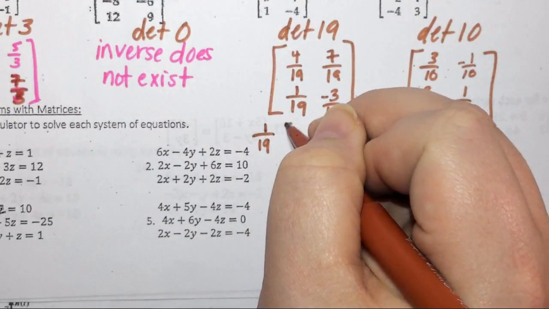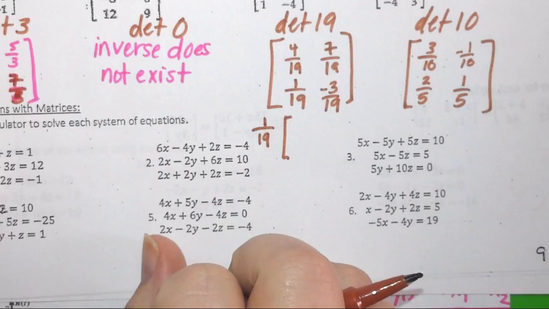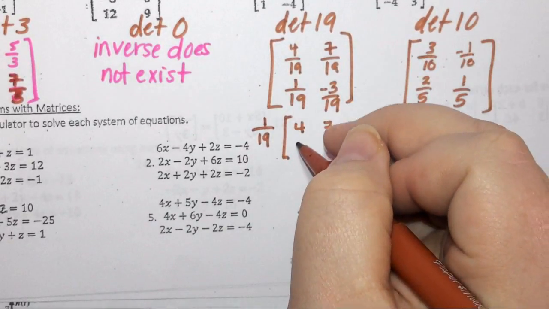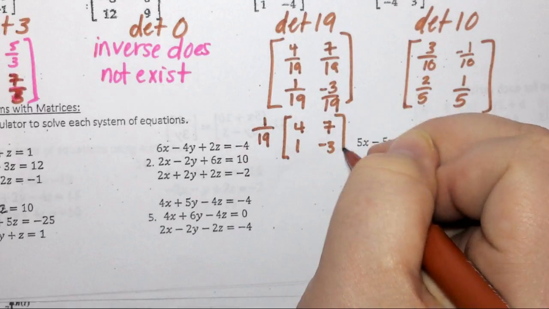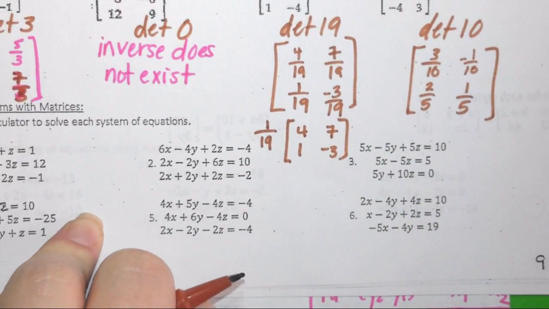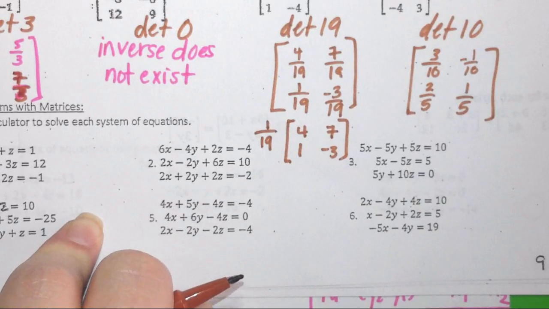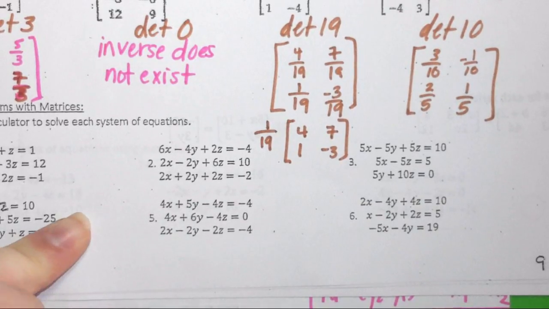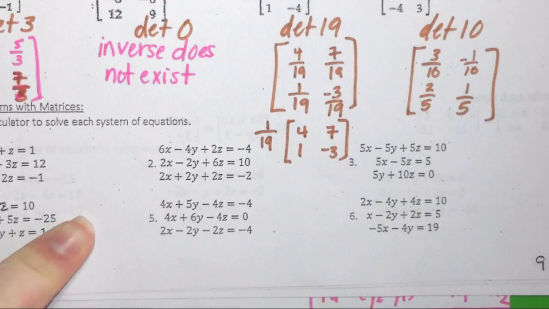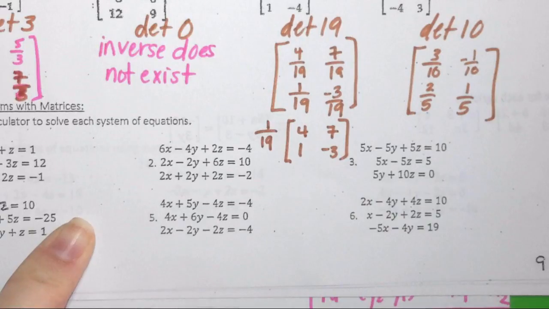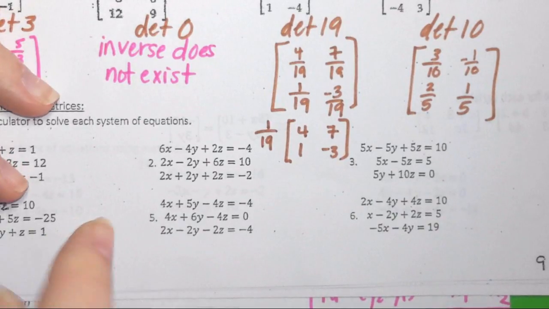But wouldn't it be nice if we pulled out the fraction, maybe pulled out the 1/19, and now instead our problem is 4, 7, 1, -3? Wouldn't that be so much prettier? So you could pull out basically 1 divided by whatever that determinant is, and then you'll have pretty whole numbers left over. You don't have to do this, but for those of us who don't like the look of it, it's ugly. That would make life a lot prettier.